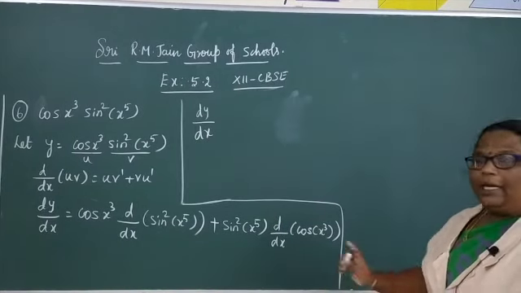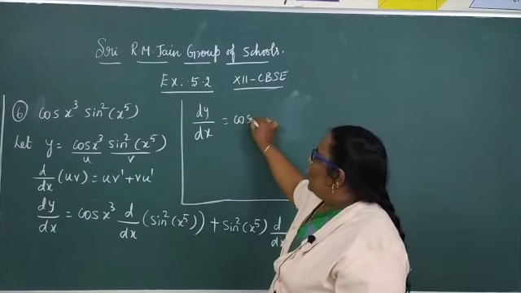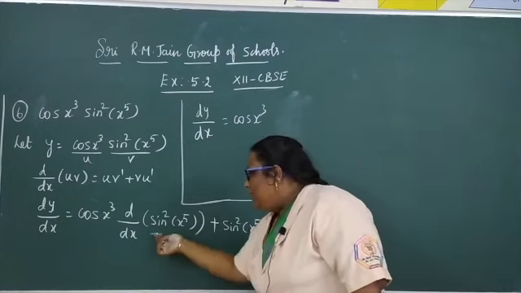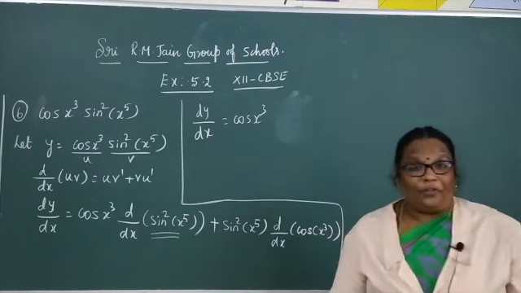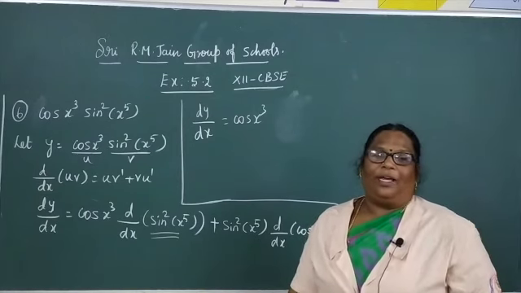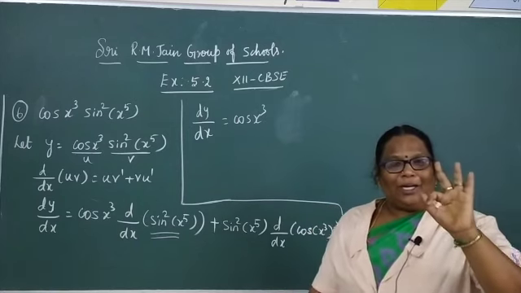See the differentiation, dy by dx equal to cos x cube. How many terms are there? You have to differentiate first sin square x power 5. You may think this is 2 terms. No, this is 3 terms.